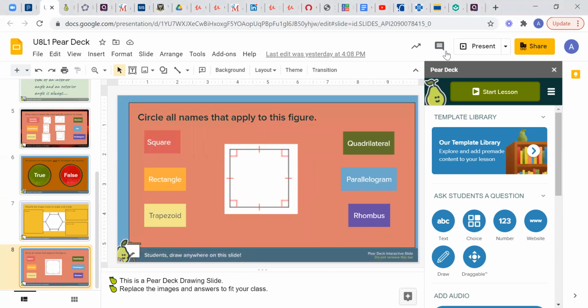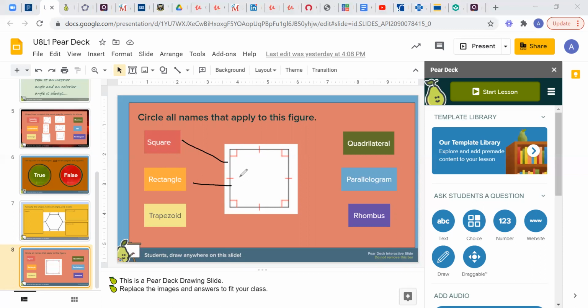And lastly, we are asked to circle all names that pair to this figure. So let's go. This figure has right angles and all sides are equal, so it's a square. It has right angles and each of the opposite sides are congruent, so this is also a rectangle.